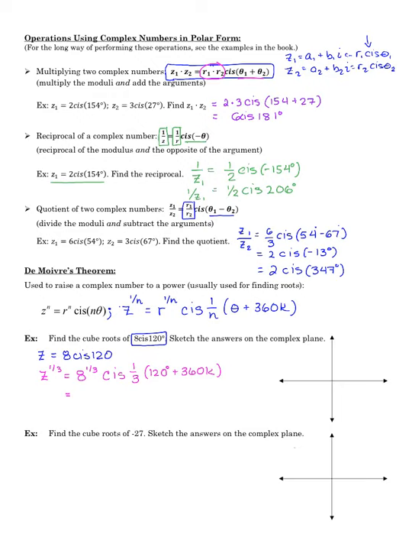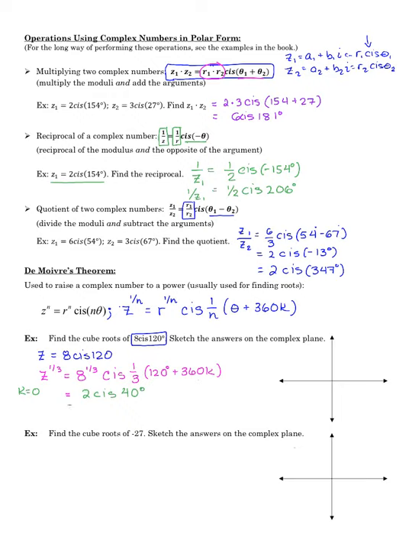So we're going to start off with, if k is 0, that's going to give me 2 cis, 1/3 of 120 is 40 degrees. And now 1/3 of 360 is 120 degrees, so all my answers are going to be 120 degrees apart.